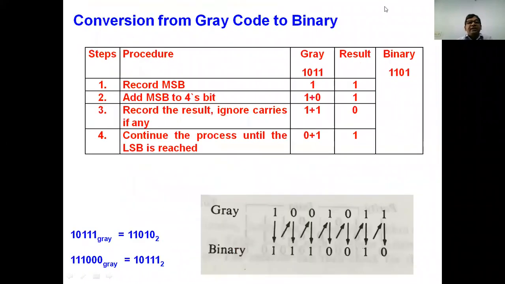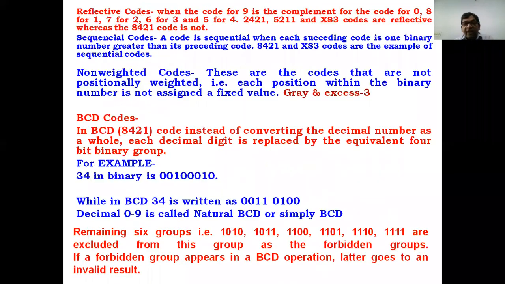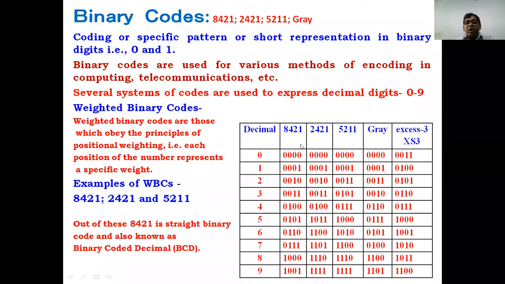So what are the characteristics of BCD codes or the 8421 code? One thing I have left, so I am going back. Here we talked about the 8421, but the 2421, 5211 and gray code were left. So this 2421 and 5211, as we have already noted, are weighted binary codes, so they have positional weights.